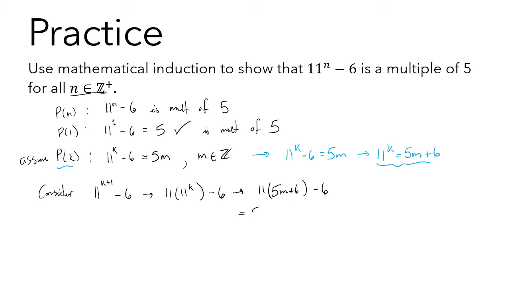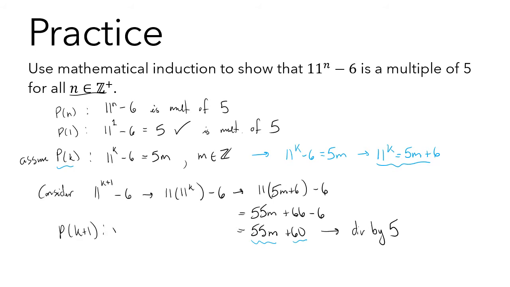Simplifying a bit, this is 55m plus 66 minus 6, which equals 55m plus 60. Well, 60 is divisible by 5, and 55 is divisible by 5. So therefore, this whole thing is divisible by 5. So we just showed that P of k plus 1 is also true. Therefore, by PMI, it's true for all positive integers.